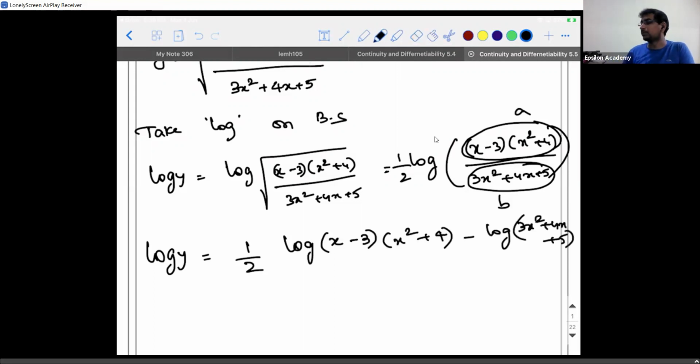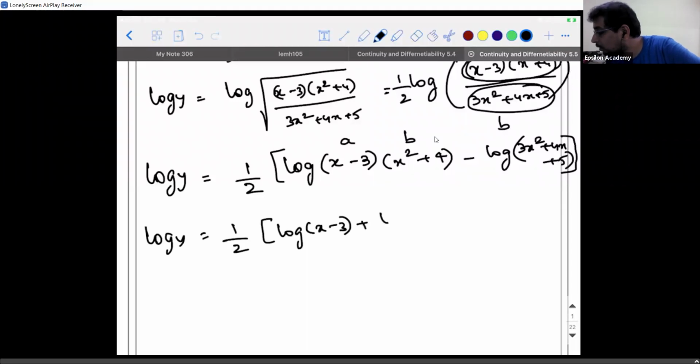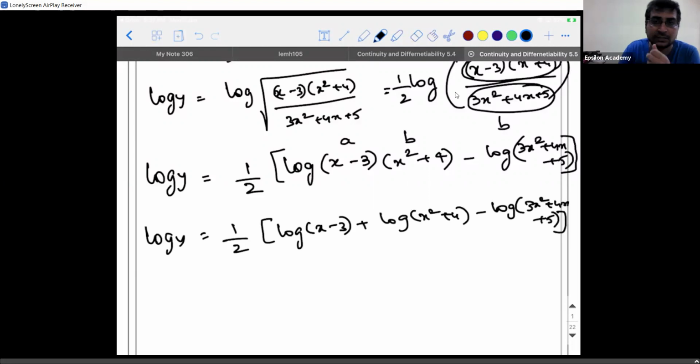Guys, I hope I'm clear with this. Half is there for both the terms. Now if you observe, this is a and this is b. Log of a into b is nothing but log a plus log b. So log y is equal to half into log of x minus 3 plus log of x square plus 4 minus log of 3x square plus 4x plus 5. I hope this makes sense.